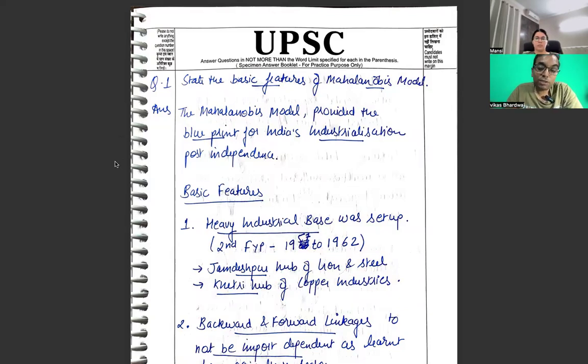The first question says very simply, but in fact, I should say, a very significant question. State the basic features of the Mahalanobis model.